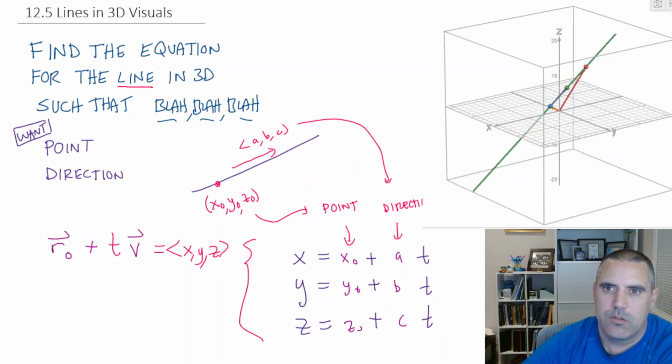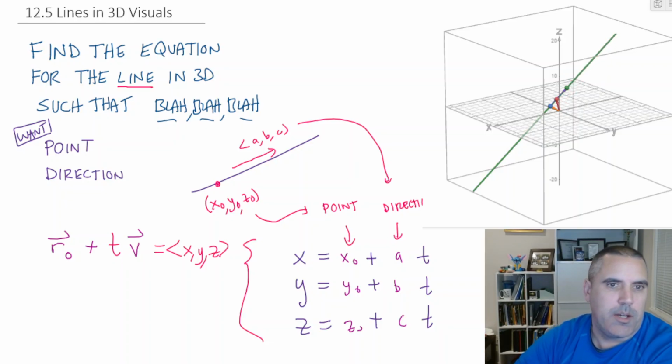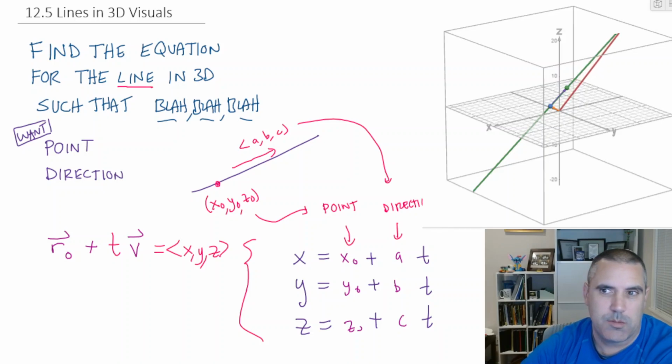There's where I am in 2 seconds. Here's where I am in 0 seconds. Here's -1 second. So we can walk everywhere along there doing this. That's all I wanted to really do in this video: talk about the fact that if you want a line in 3D, you need a point and a direction vector. The direction vector just needs to be a vector parallel to the line.